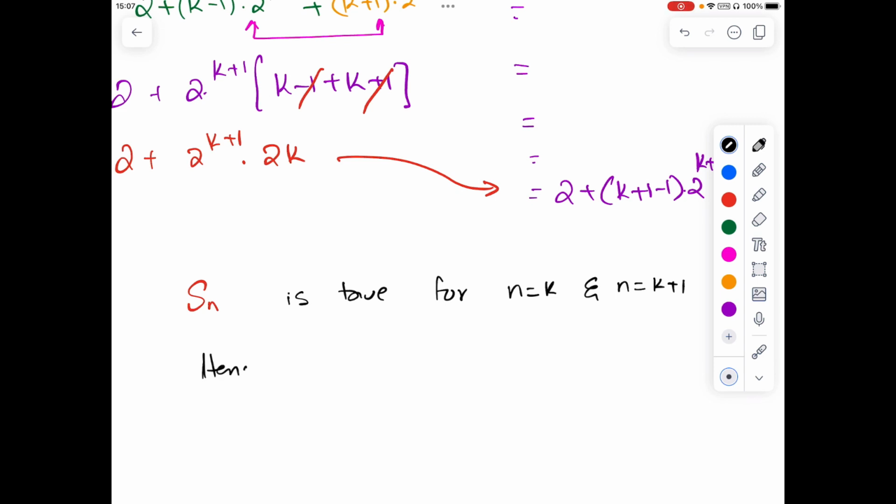Hence, by mathematical induction, Sn holds for all n belongs to Z plus.